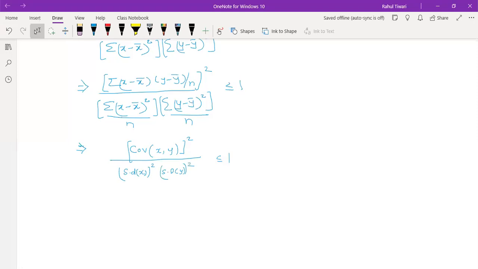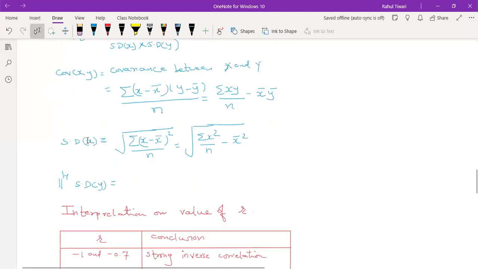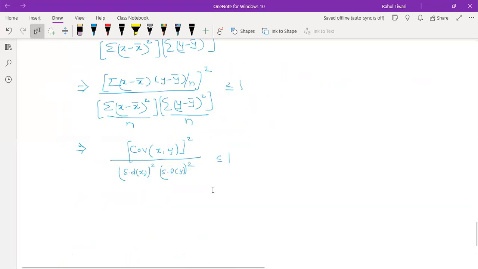Because standard deviation has a root, if I square it, it is without root. But without root is what? Variance. So in the denominator and numerator we have a square. So is it not r square less than or equal to 1?